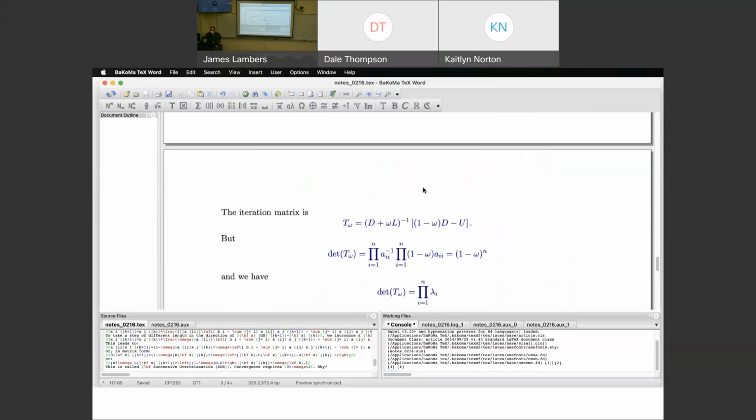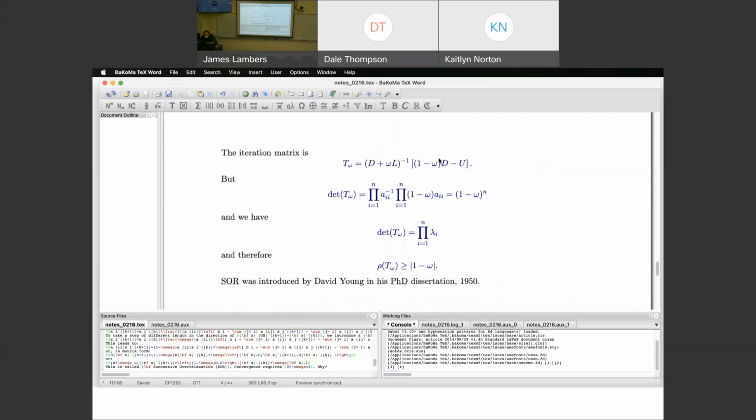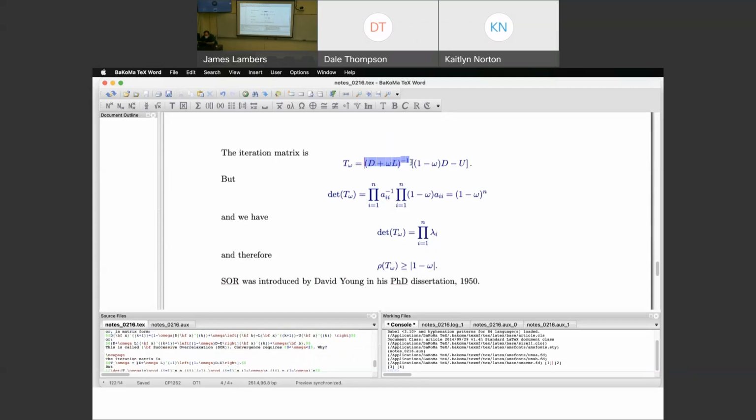Now, to explain why omega must be between 0 and 2. Here's the iteration matrix. Now, I want to take a determinant of this whole thing. So that would be the determinant of this times the determinant of this. But both of these matrices are triangular, so those determinants are easy to get.